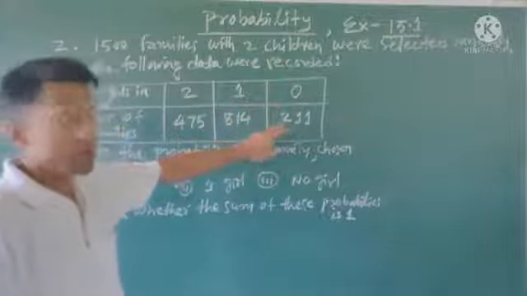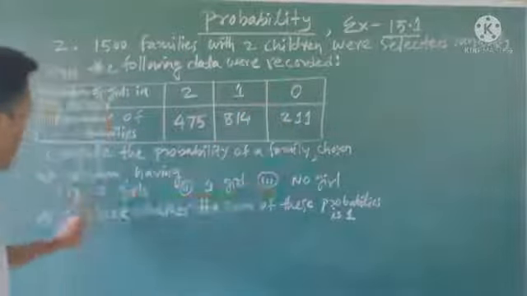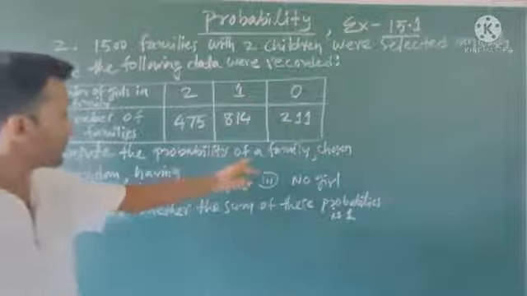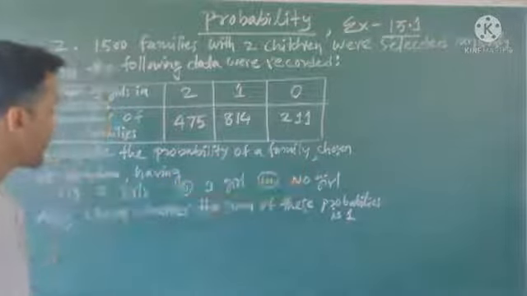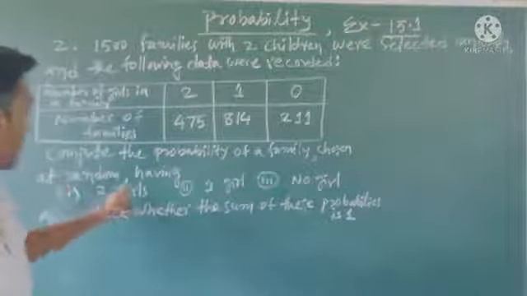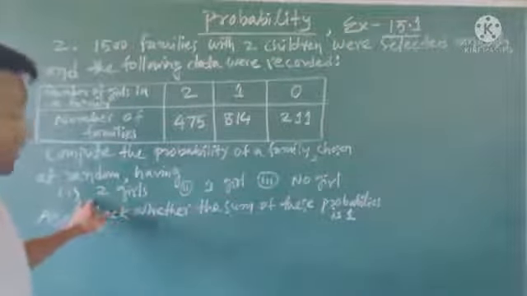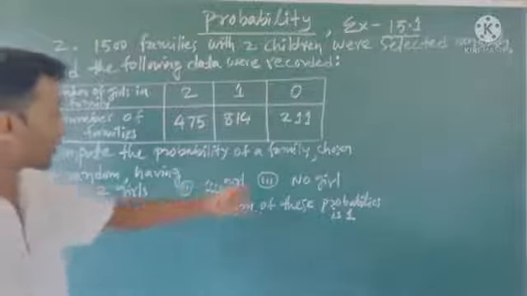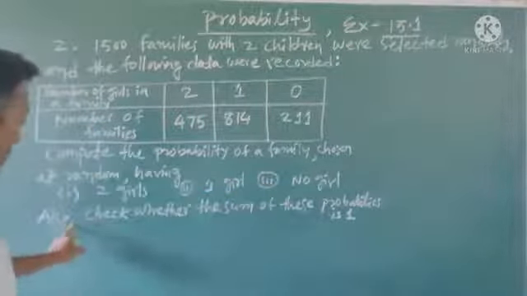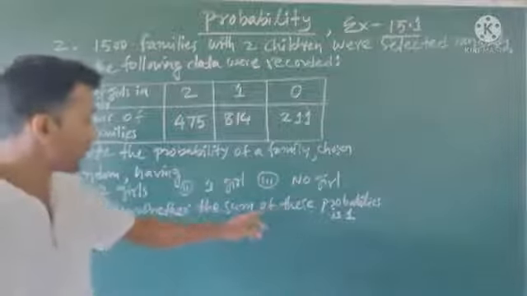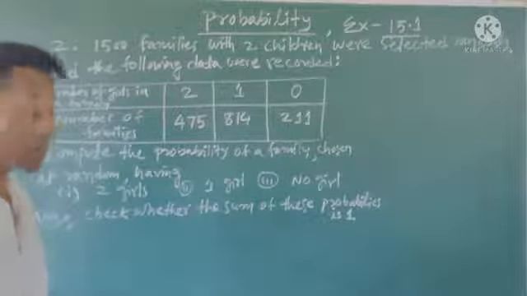No girl: 211 families. Compute the probability of a family chosen at random having number 1, 2 girls, number 2, 1 girl, number 3, no girl. Also check whether the sum of these probabilities is 1.